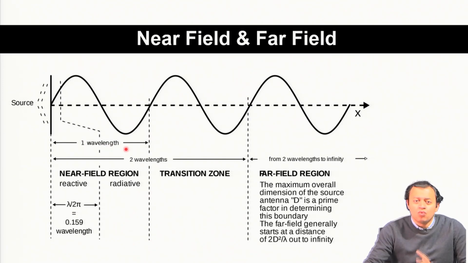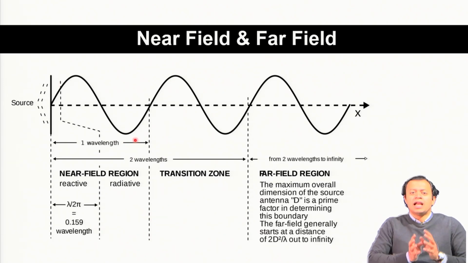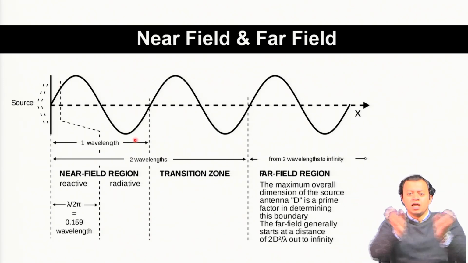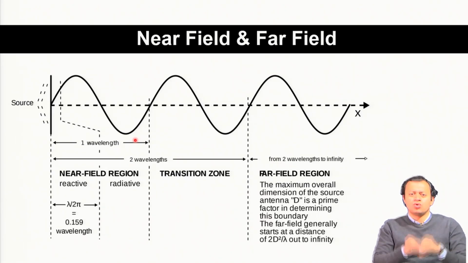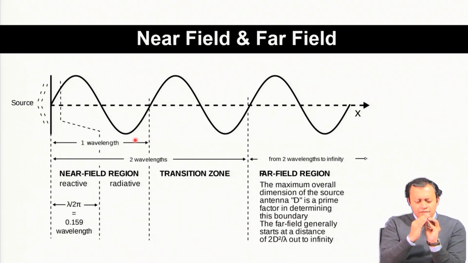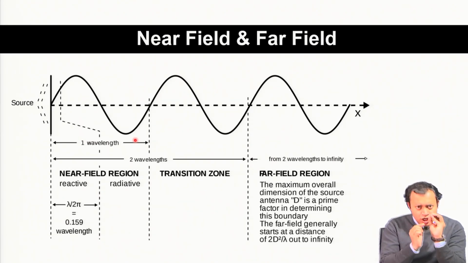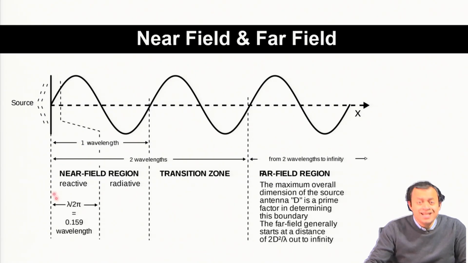So, if your wavelength is 500 nanometer and the electromagnetic wave is propagating from a point source, any source, a photon, a molecule, a fluorophore, an antenna, anything that generates light, if the light is emanating very close, one wavelength or less than one wavelength close, i.e., if it is visible light, say 500 nanometer, anything less than 500 nanometer distance from the source, we have the region called near field.